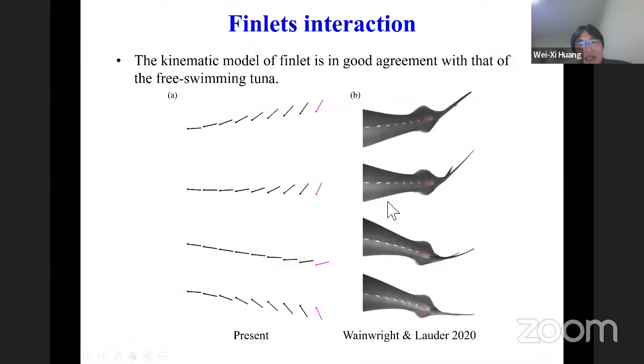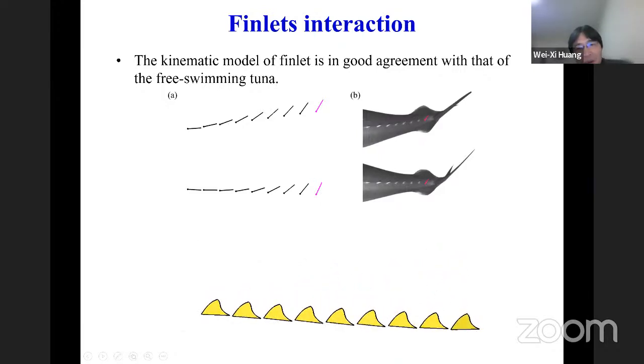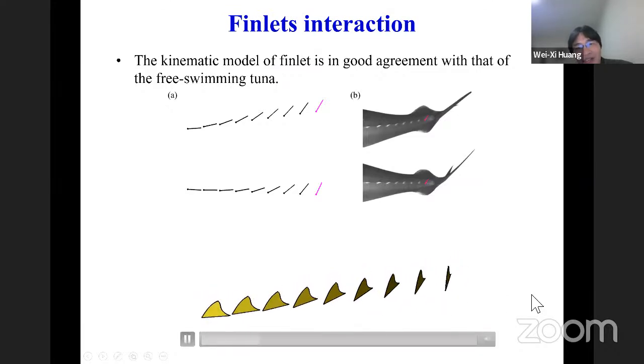This is the model, to compare with the real one. The last one was missed in their observation due to some technical limitation, so here we also add this one by extrapolation. Then we have this complete flapping model of the finlets.